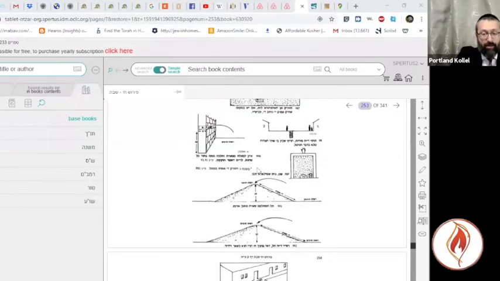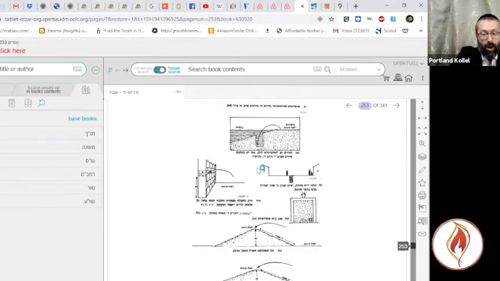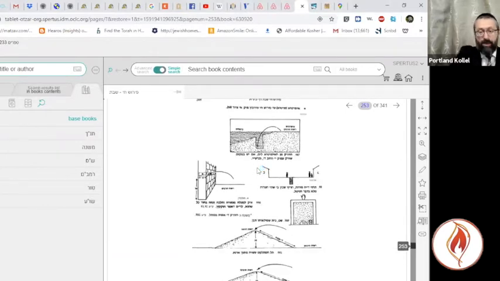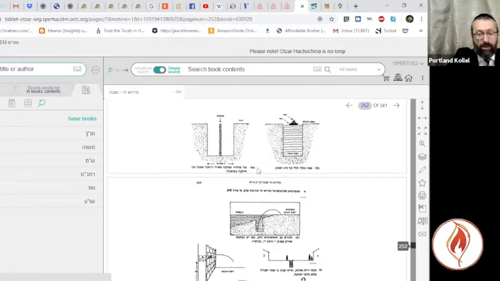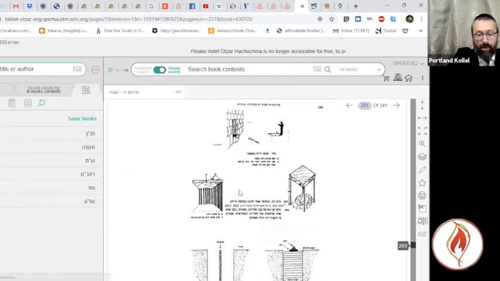So this landed on pegs and created a private domain, because they are now 4 by 4 wide, and as such, they have the requisite amount in order to be a Reshus HaYachid, because it itself is that size.